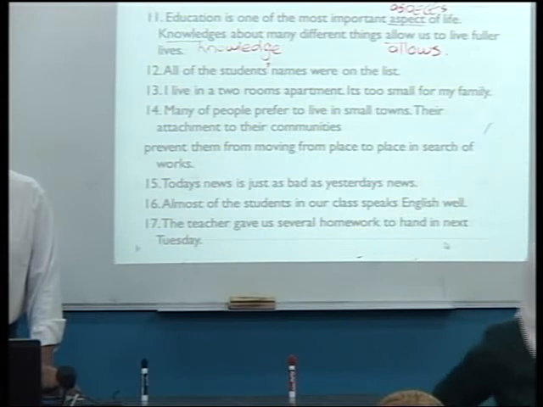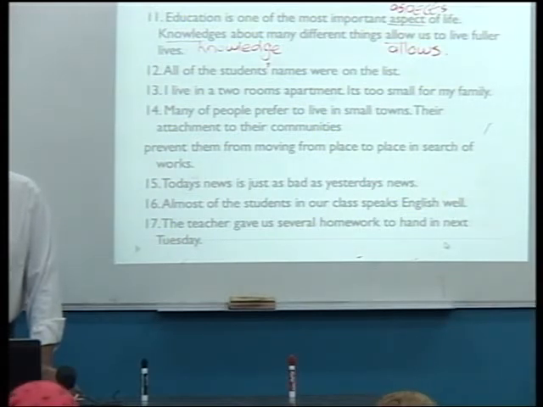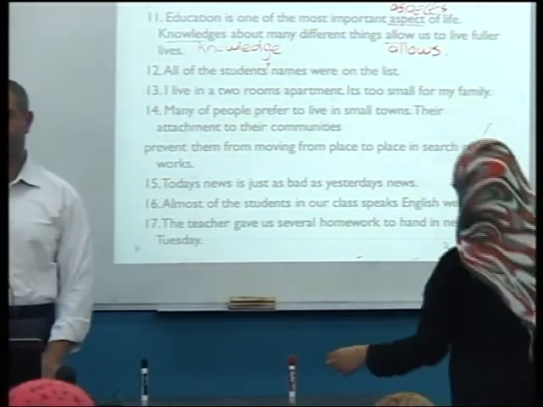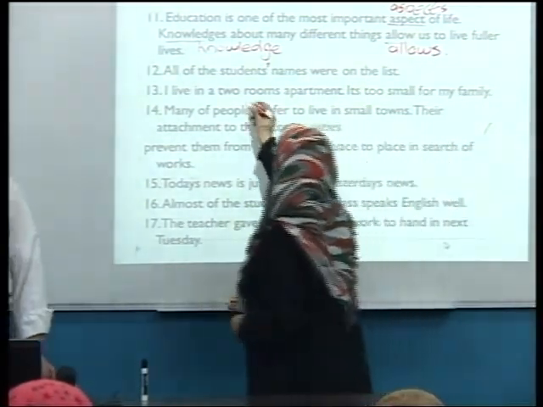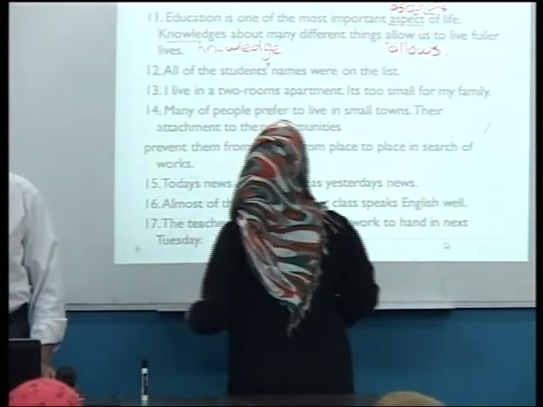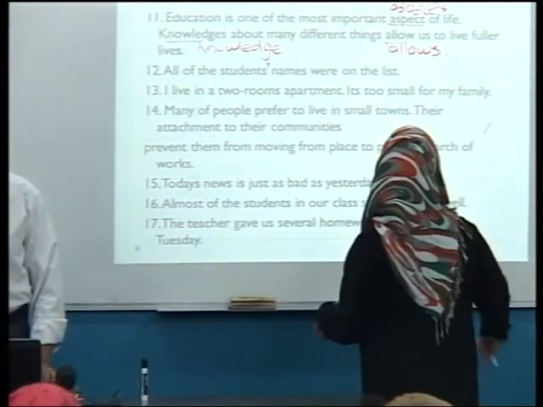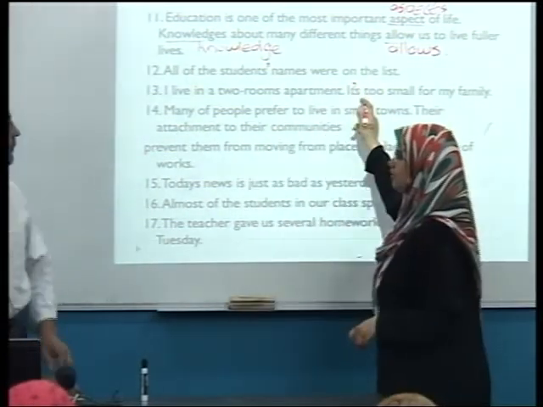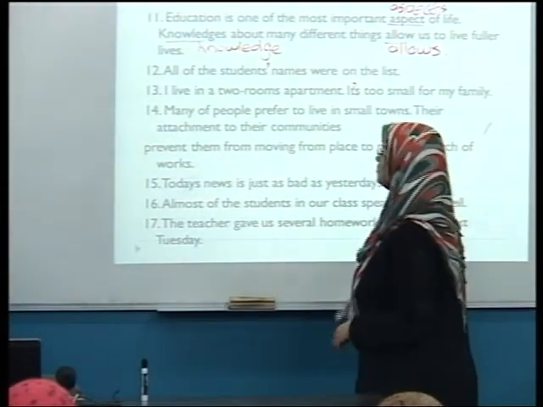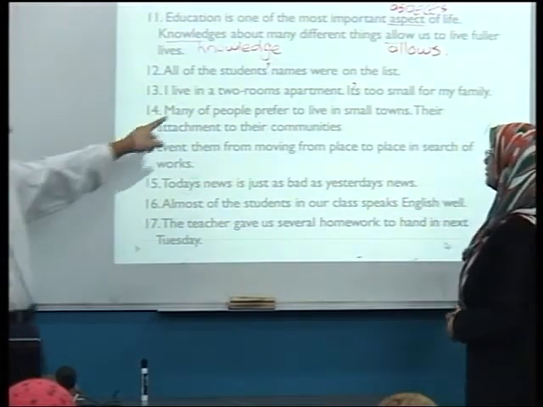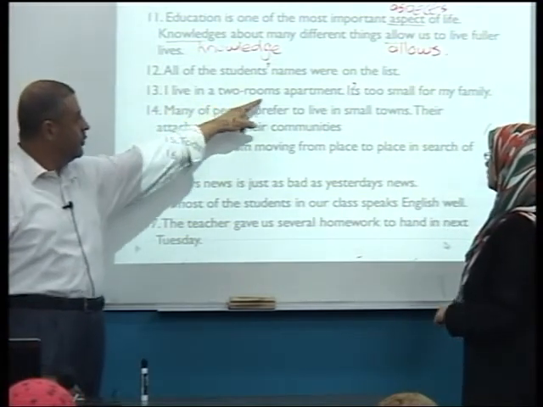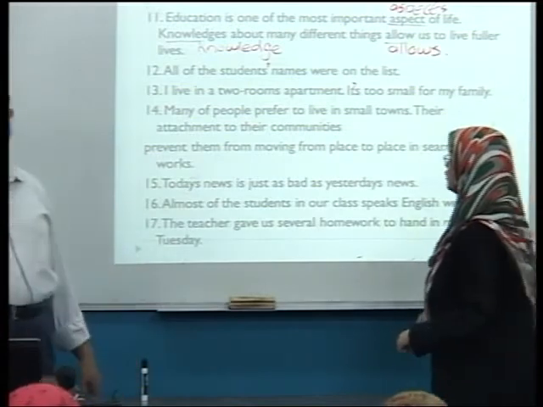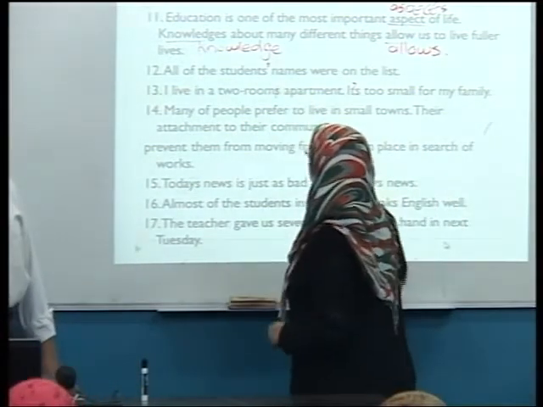Number 13. Okay, come. I live in a 2-room apartment. It is too small for my family. Okay, thank you. Now, I live in a 2-room apartment. What do you think of the S? Drop the S. Okay.